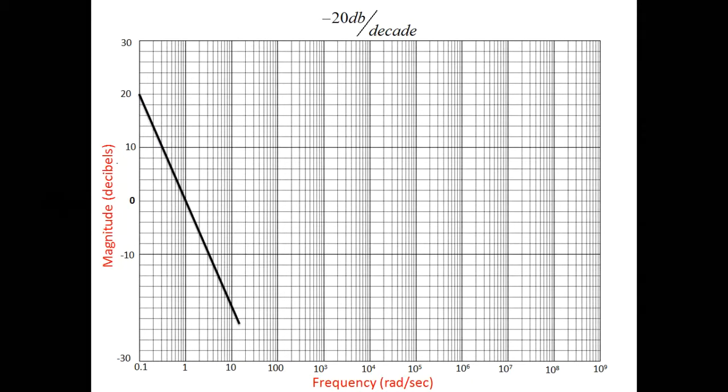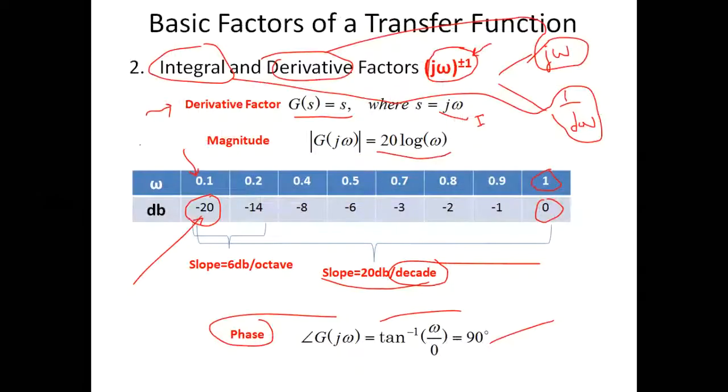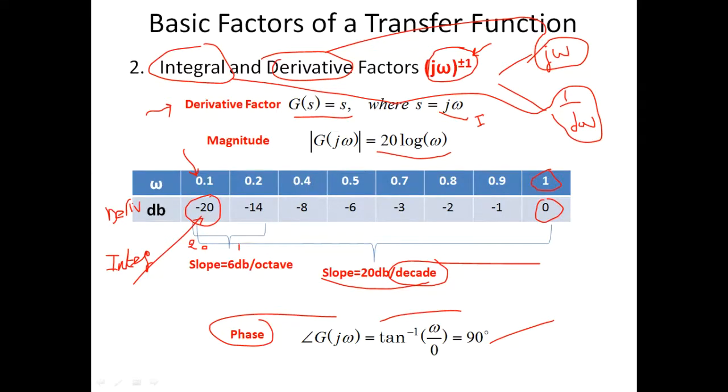So here for the magnitude, it will start from 20. Here for the table, this is for the derivative, right? For the integral, it will start from 20, then 14, 8, 6, and so on until 0.